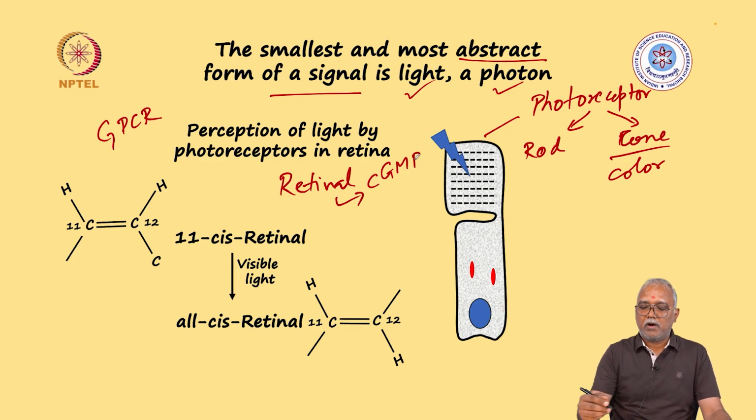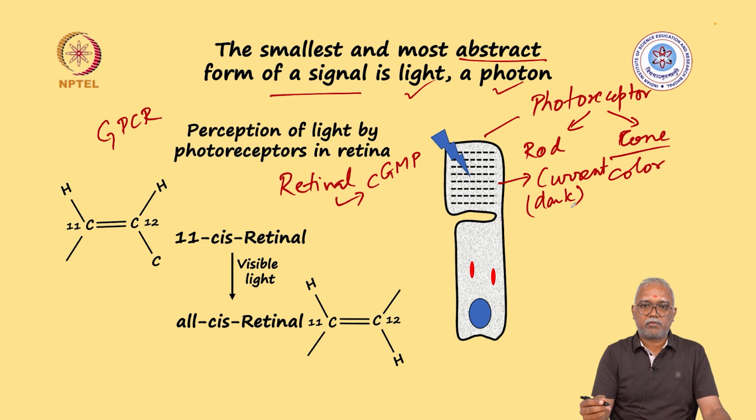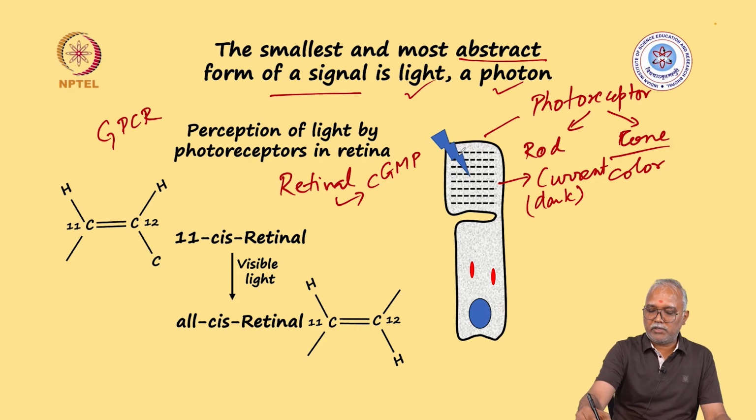This sets up a situation where these rod cells are generating a current called dark current, because in the absence of light this current is being generated by the flow of ions across the membrane. There are unique structures present here in the rod cell region, and this is where you will have the GPCRs enriched, which are bound to the retinal.